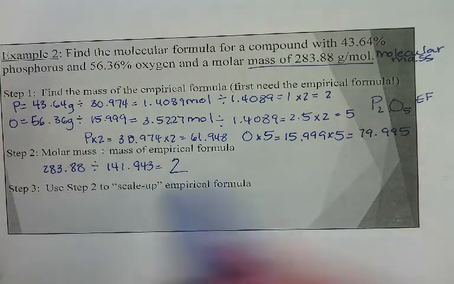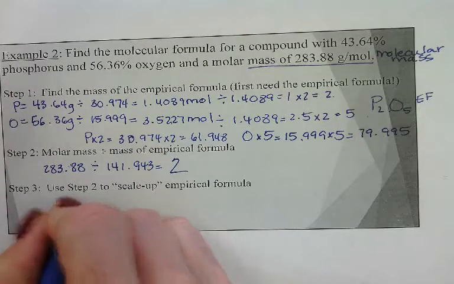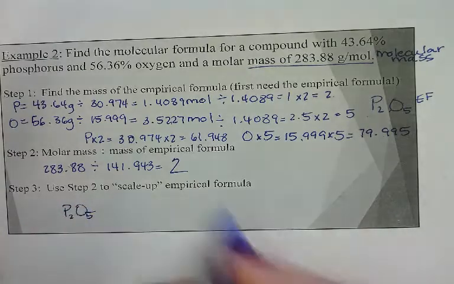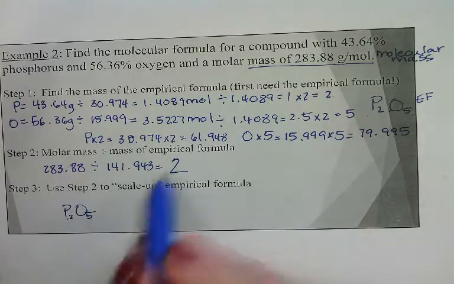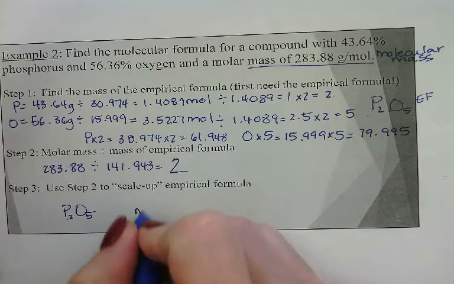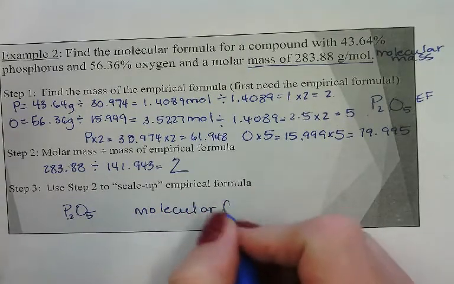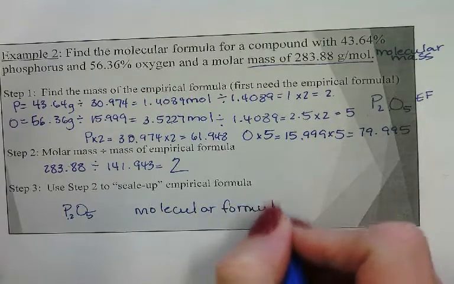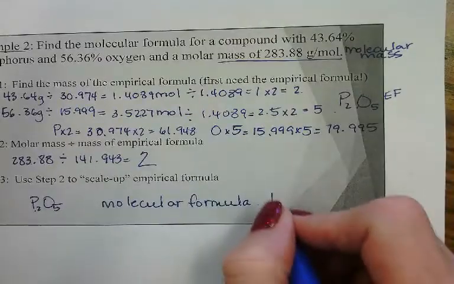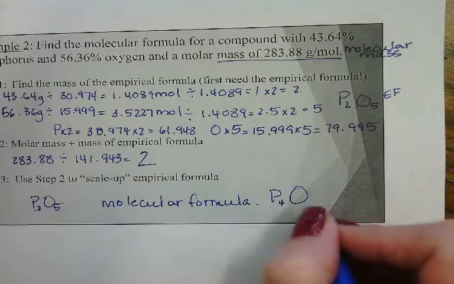So what I do is I take my empirical formula, P2O5, and I'm going to multiply each subscript by 2. So my molecular formula is P4O10.